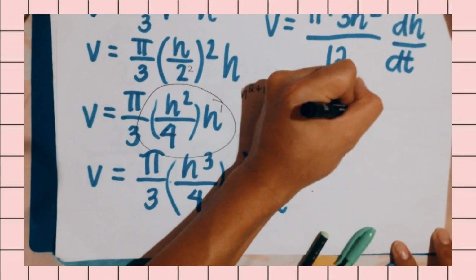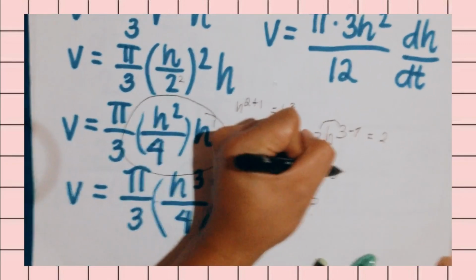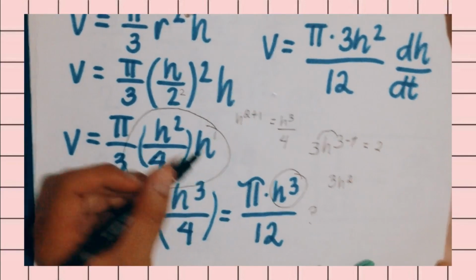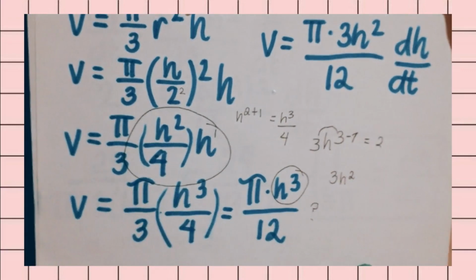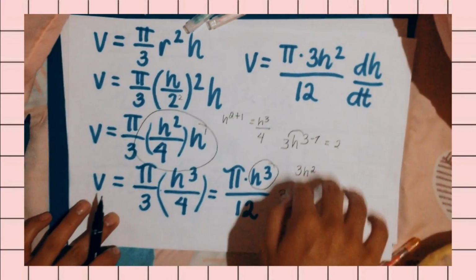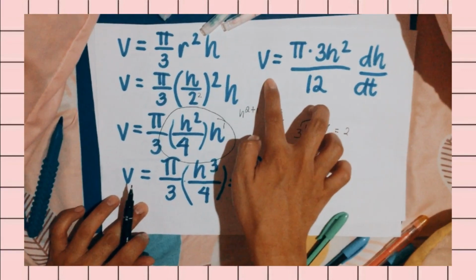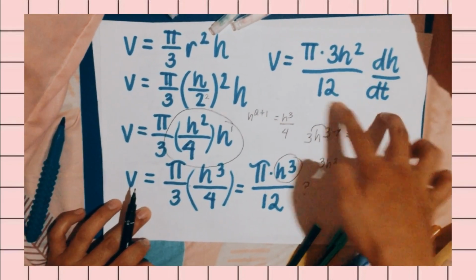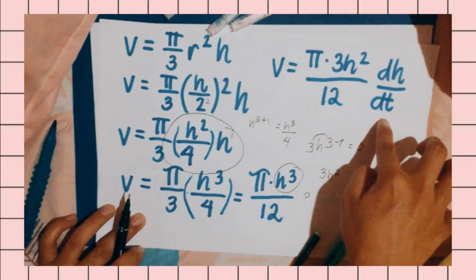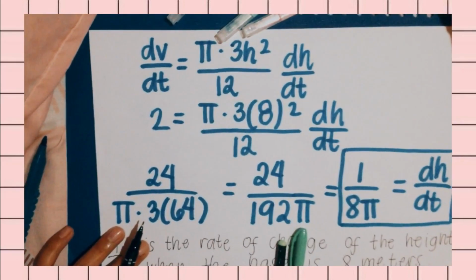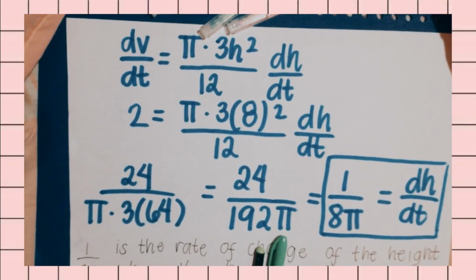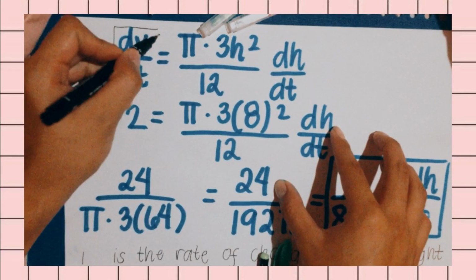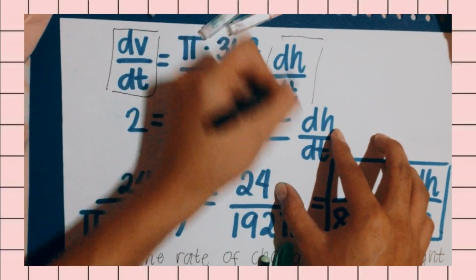So 3 minus 1 is equal to 2. So 3h squared is the derivative of h cubed. So now, the derivative of the volume is pi times 3h squared over 12 times dh over dt, with respect to time. So this is the implicit differentiation, and all the variables are with respect to time.